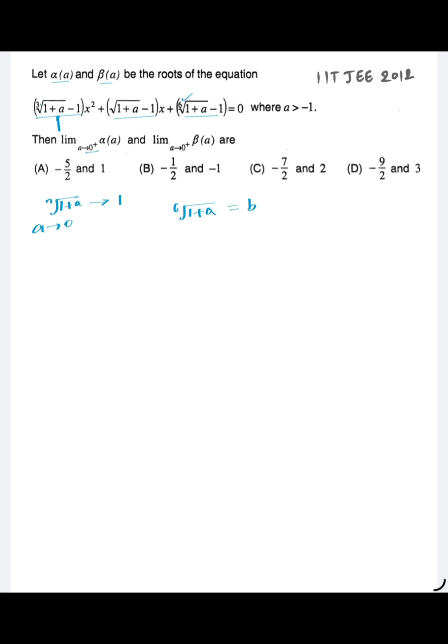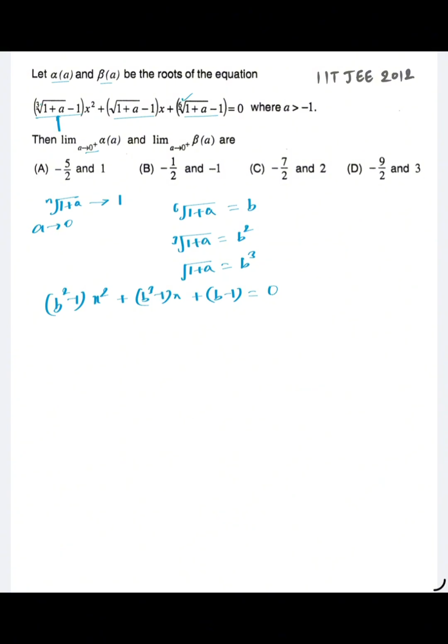In that case, 1 plus a cube root equals b square, and square root of 1 plus a is b cube, and we put this value in the equation and we have b square minus 1 x square plus b cube minus 1 x plus b minus 1.